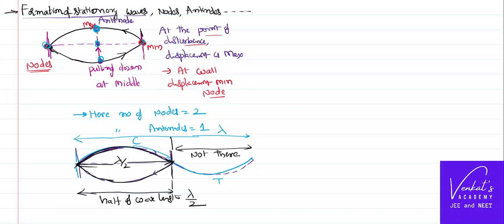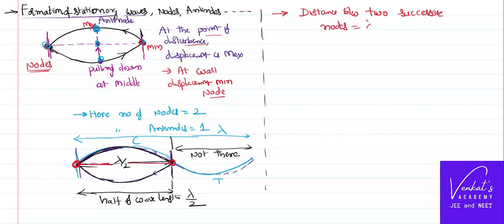So what is the thing that you have noticed here? This is a node, as I told you, this is a node. The distance between them is half the wavelength. So what we can say is, the distance between two successive nodes is half the wavelength, lambda by 2, right?